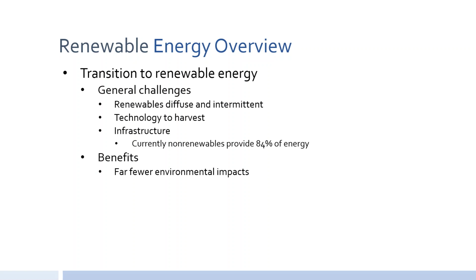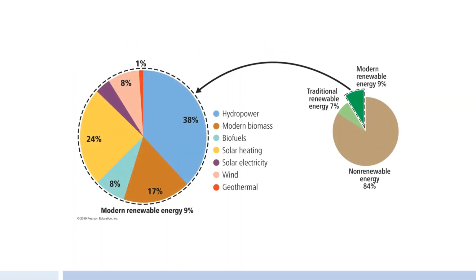Benefits: far fewer environmental impacts, obviously. It is a potentially infinite energy source as well. It's not like those non-renewables, it's not going to run out. So again, when we talk about how much renewables we're using, it's a small portion of the energy we use globally.